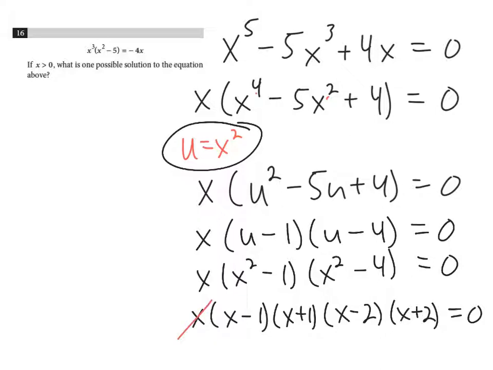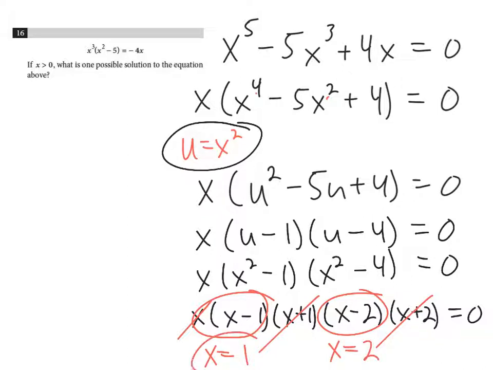This would be x equals 0, this would be x equals negative 1, and this would be x equals negative 2. So we have these two factors. x would be equal to 1, or x would be equal to 2. So 1 or 2 are possible solutions.